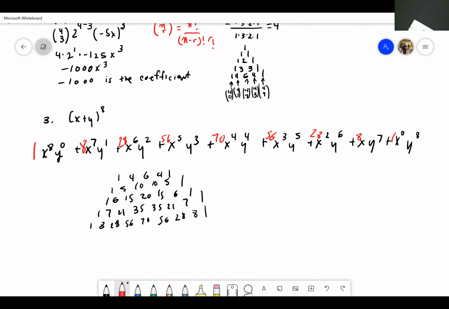I mean, this was so easy for me because I looked at it and thought, okay, it's just x plus y to the 8th. When it gets kind of confusing, like 2x to the 3rd plus 3x, you're not sure. You could do it, but you have to be very careful. So I hope that's pretty clear how to do it.